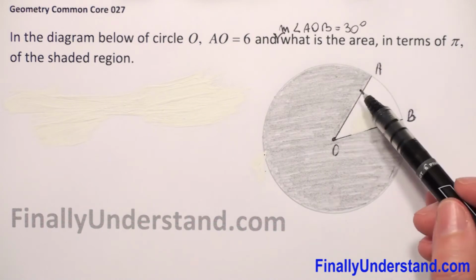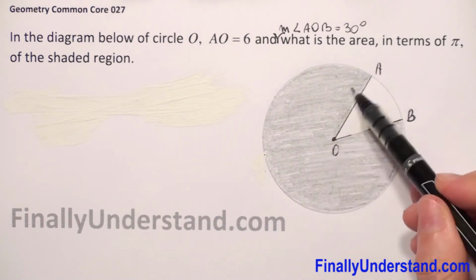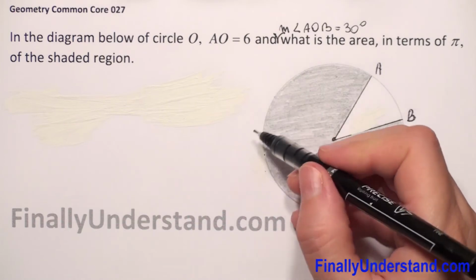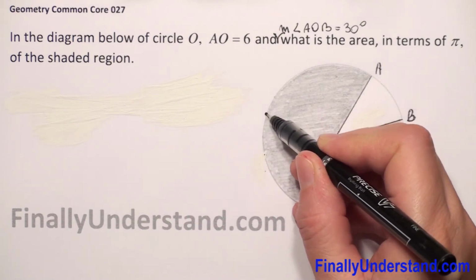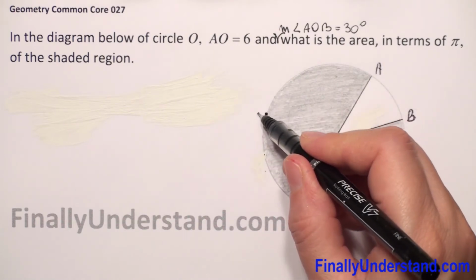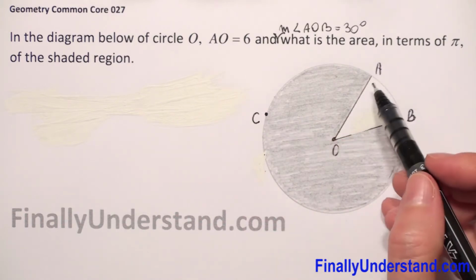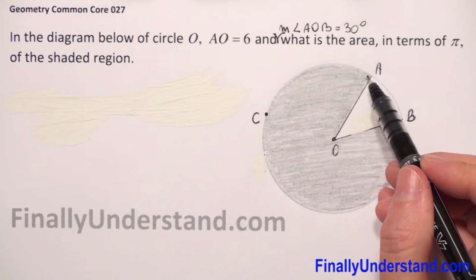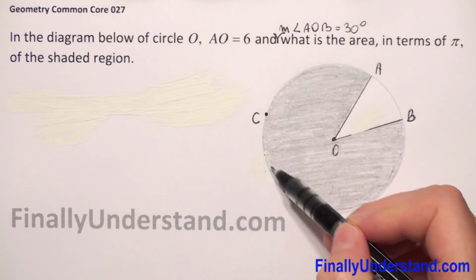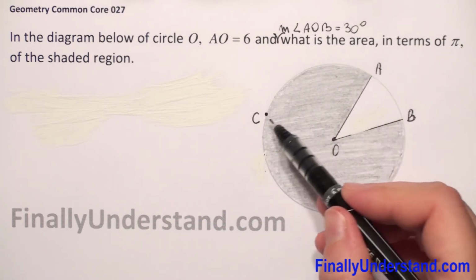Because we have to find this shaded area, I will place a point C on the arc. We have to find the area of sector ACB.